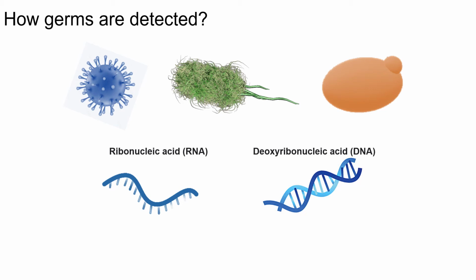In all living organisms, their genetic material, such as DNA and RNA, encodes the proteins required for the functions of these microbes, such as for their growth or reproduction. So the genetic sequence of this DNA and RNA represents a unique and specific way for us to detect and identify these germs.